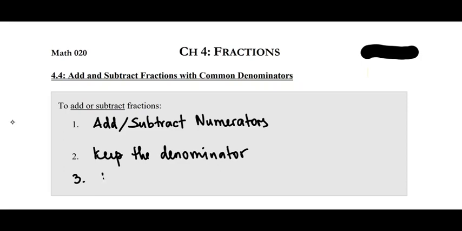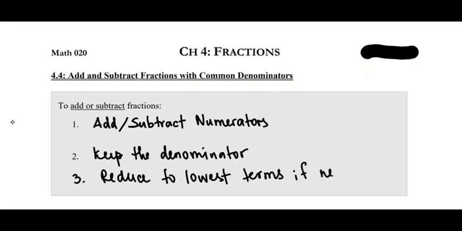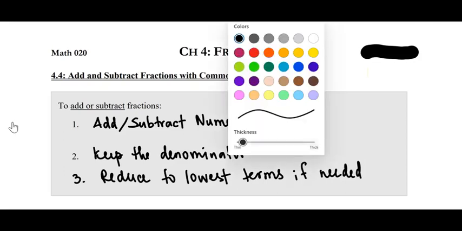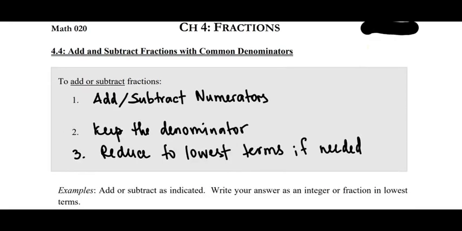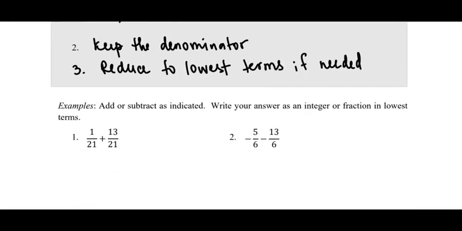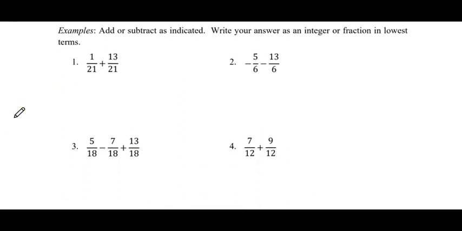And we're going to reduce to lowest terms if needed. All right, so 3 things. Add and subtract numerators. We do not change the denominator, that remains the same. And we reduce to lowest terms if needed. Okay, so let's look at our examples.